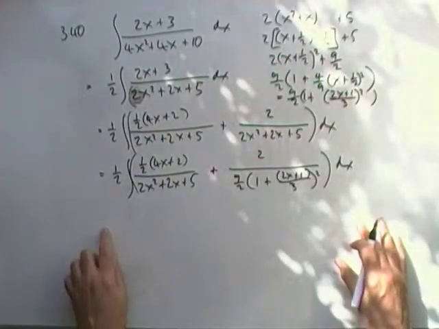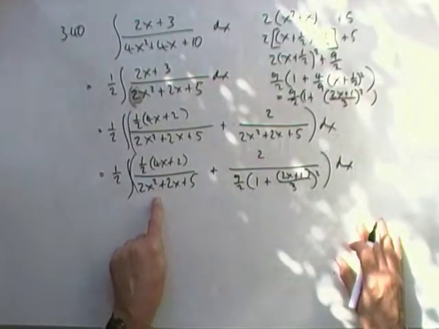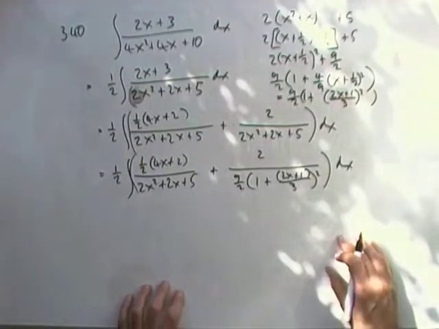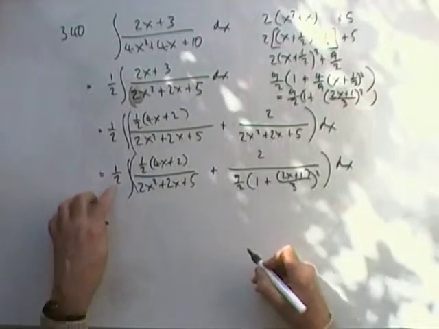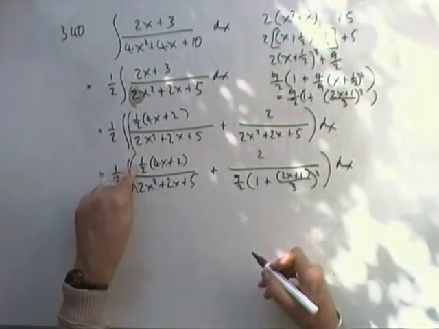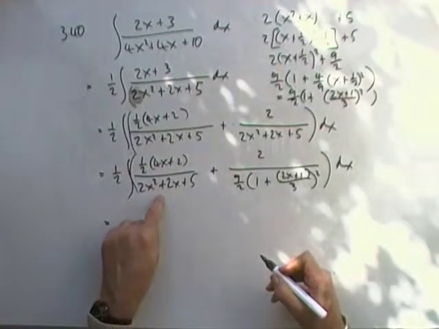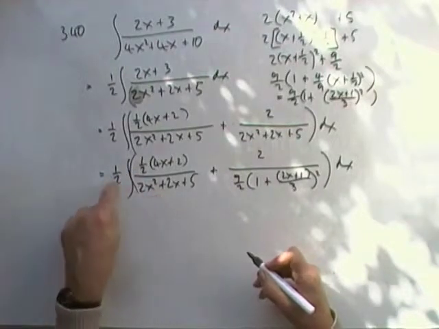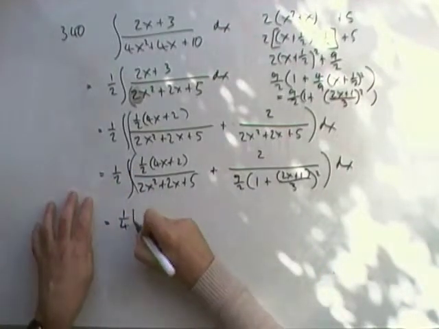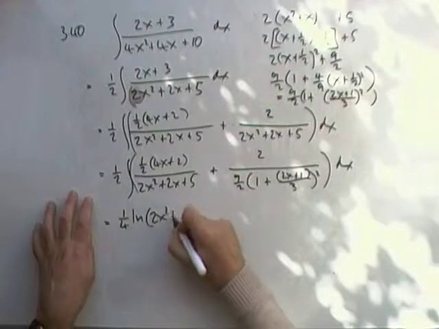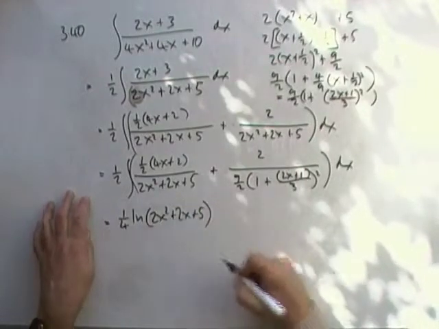And then I can see the two patterns. There's a logarithm, because I've got the derivative of the denominator, and there's an inverse tan. So don't forget that half at the front. So that's a multiple of the derivative of the bottom. So that's a half of ln, and I've got a half again. So that's going to be 1/4 of ln of 2x squared plus 2x plus 5.